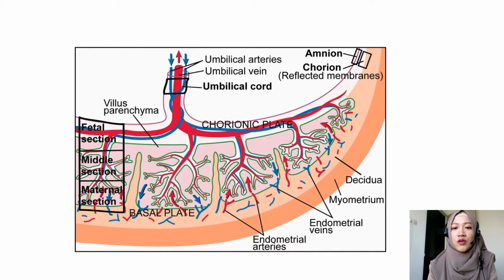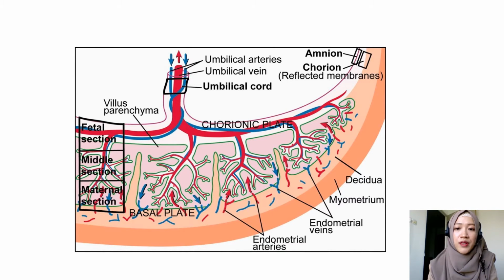Before we talk about the degree of invasion of placenta accreta spectrum disorder, let's see the normal placental invasion. There is a placental section here, and then the middle section and the maternal section.